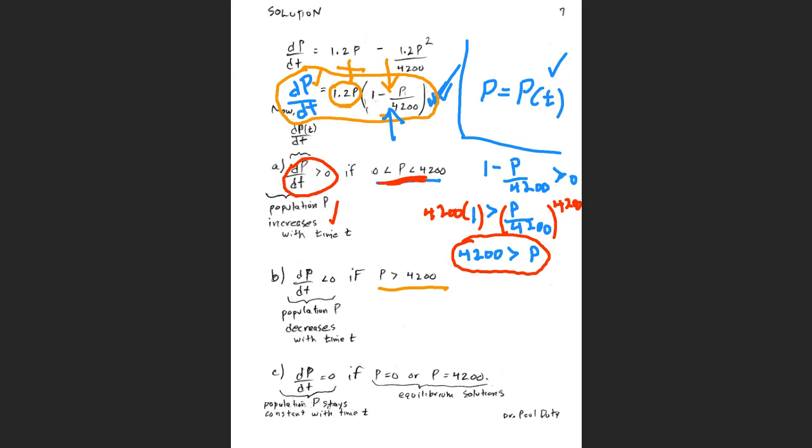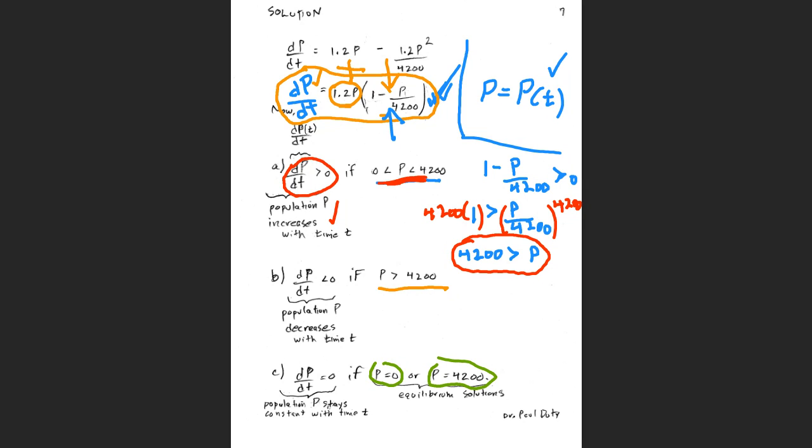Okay, so what is 4,200? Well, 4,200 is what's called a carrying capacity. The differential equation would equal 0 for P equals 0 or P equals 4,200. Those are what are called equilibrium solutions.